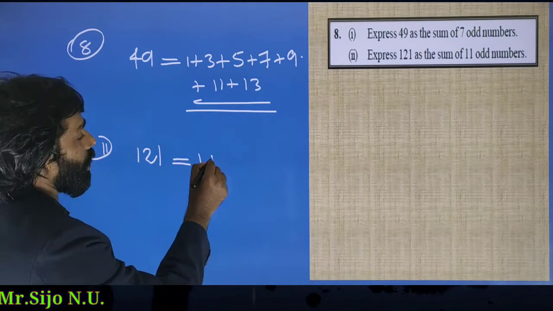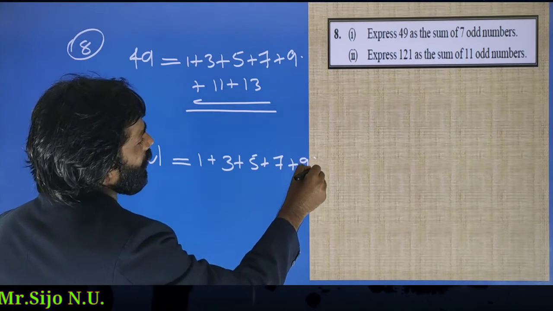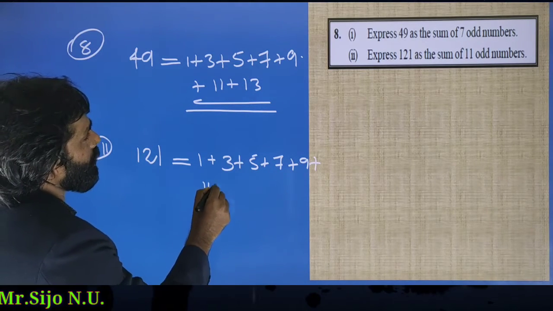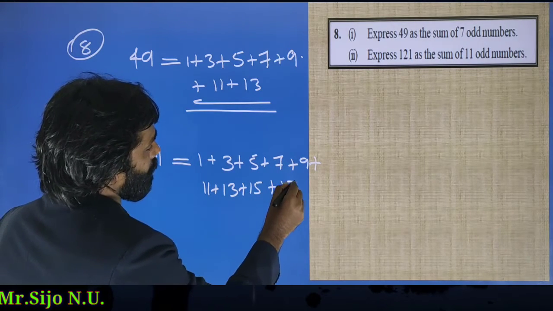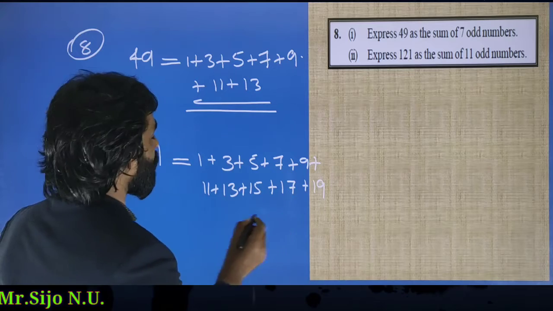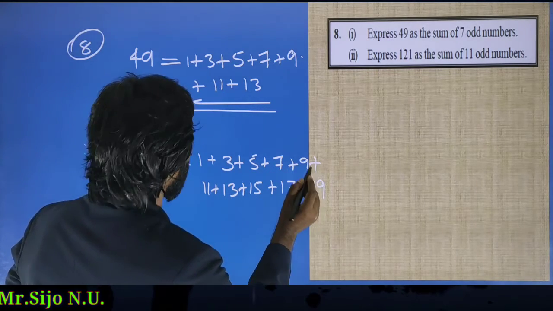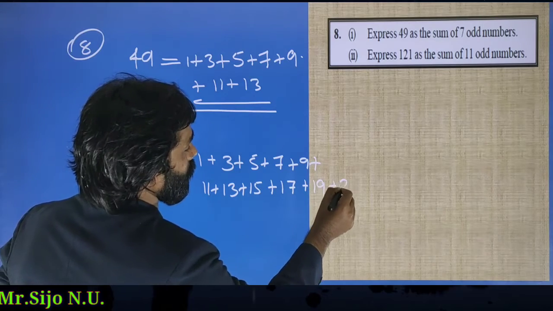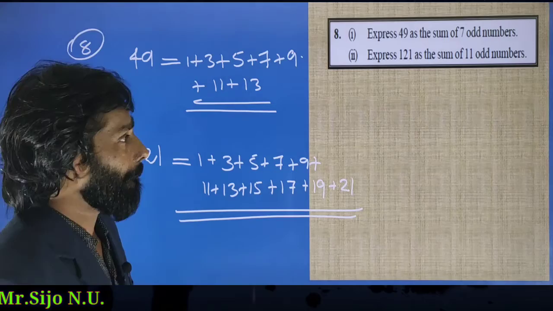So we can write it as 1 plus 3 plus 5 plus 7 plus 9 plus 11 plus 13 plus 15 plus 17 plus 19. How many? 1, 2, 3, 4, 5, 6, 7, 8, 9, 10. We need one more, so 21. When we add all these, we will get this one. Hope you understood.